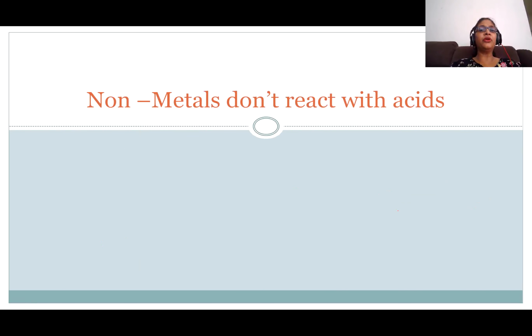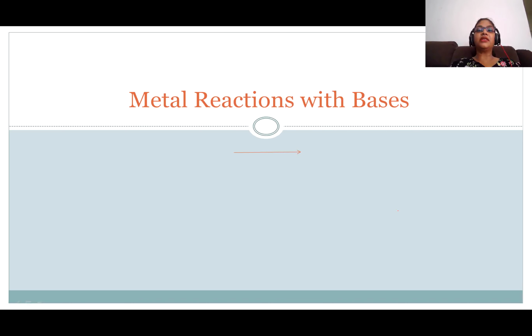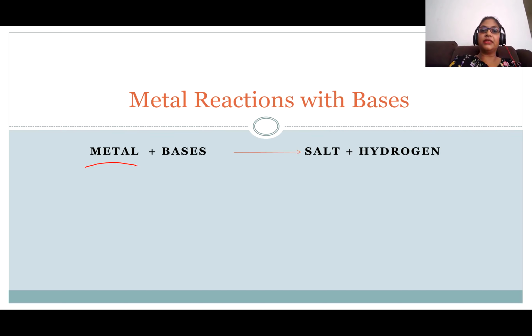Now non-metals don't react with the acids at all. So there is no reaction. Now this last one is the metal reaction with bases. When a metal reacts with a base, you can choose any base like NaOH or KOH, it will form a salt, and again there will be a release of hydrogen gas.